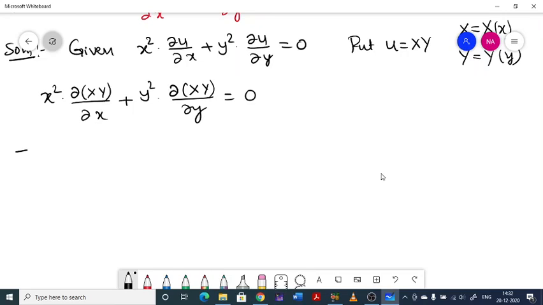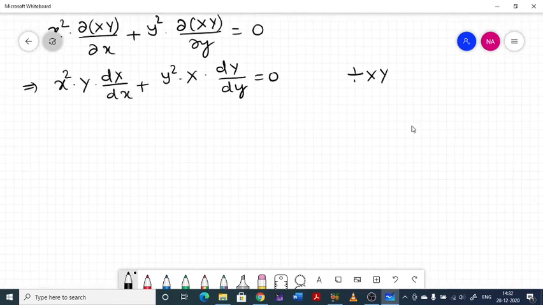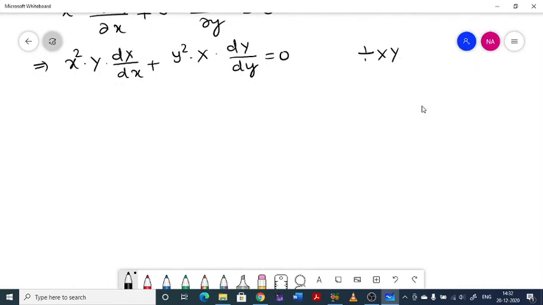So that will be x square into Y into dX by dx plus y square into X times dY by dy equal to 0. Divide both sides by X into Y.